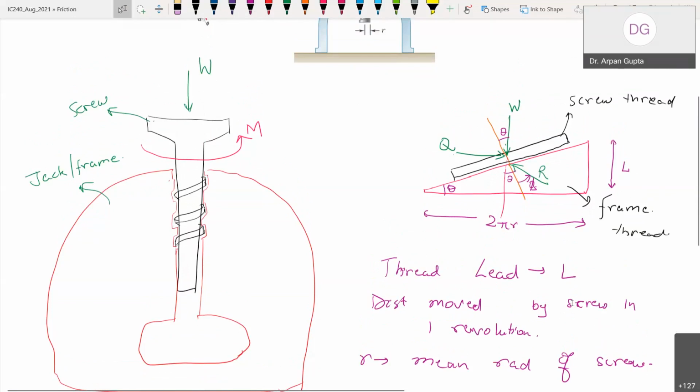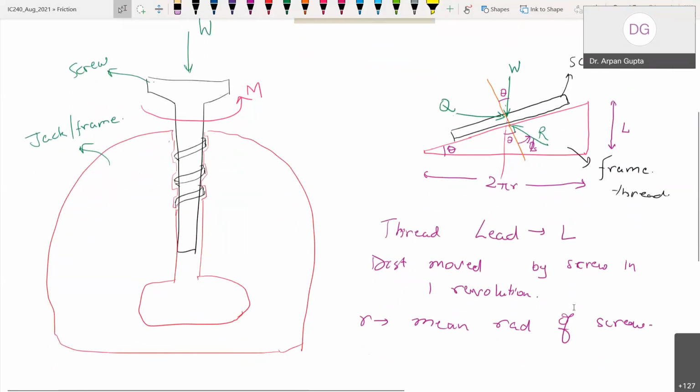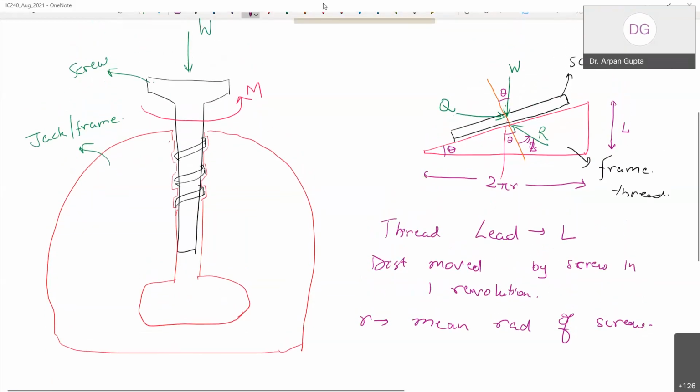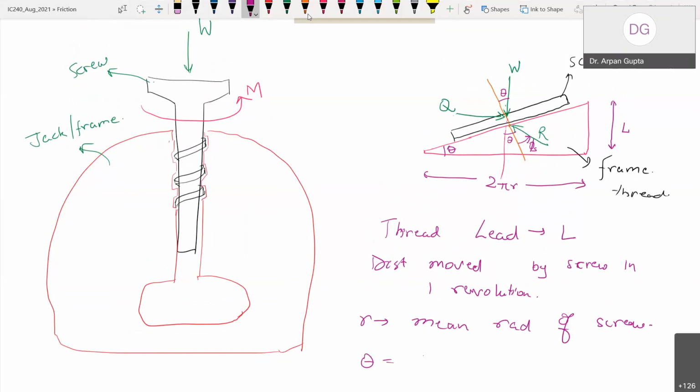And of course, we will do some calculations so that it will be clear to you. If these two parameters are known, then from this figure, theta is equal to tan inverse of L by 2 pi r. In some cases this is also called the helix angle of the thread.